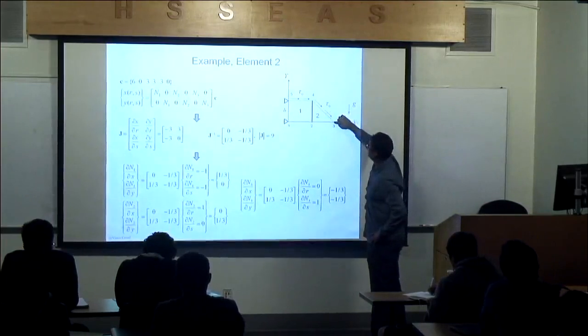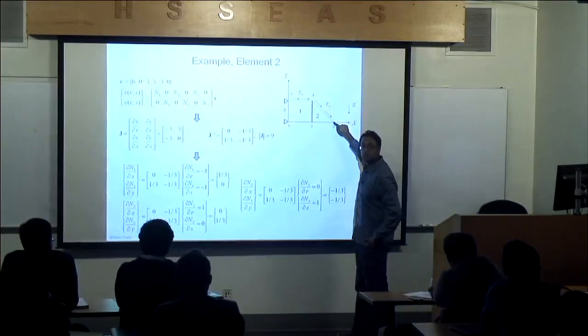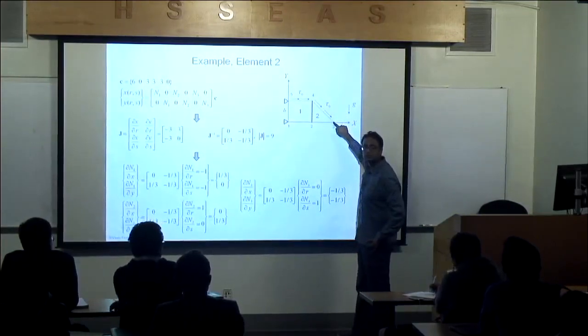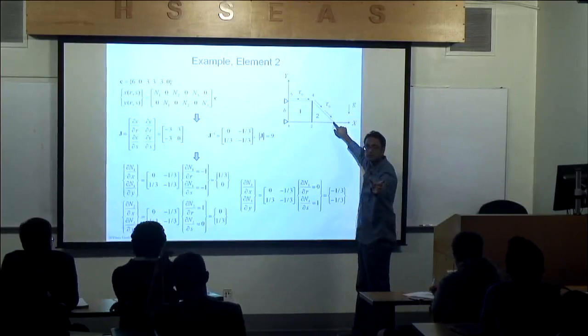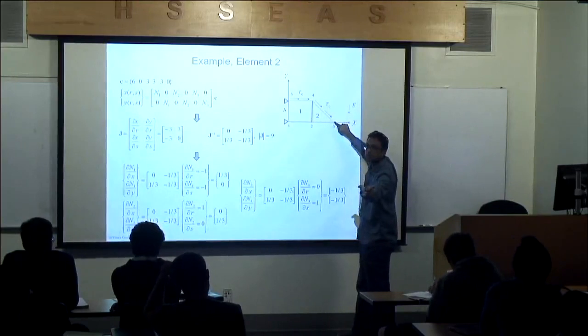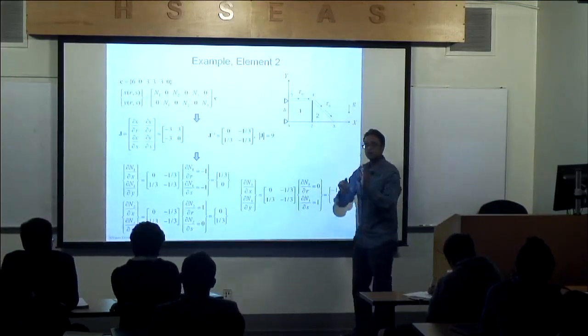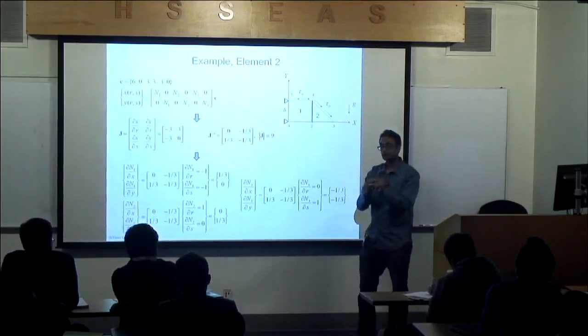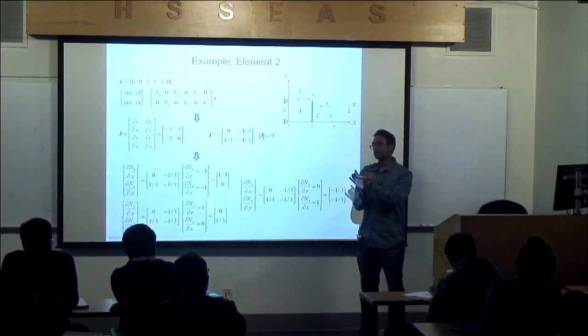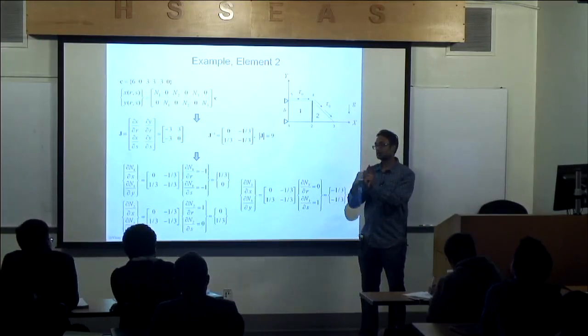This edge is 3, 4, but this edge corresponds to what edge on the mapped coordinates, the standard element? 1, 2, because I started with this one in my connectivity. I started as 1, 2, 3 for the local number. So if you go back to the connectivity, I'm looking at the first edge. In that first edge, S is 0. You agree?